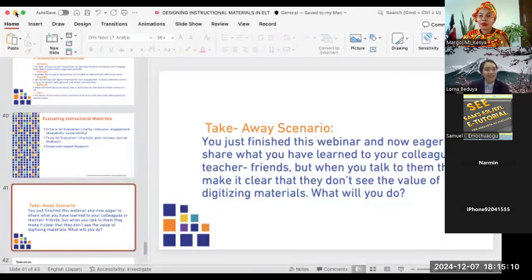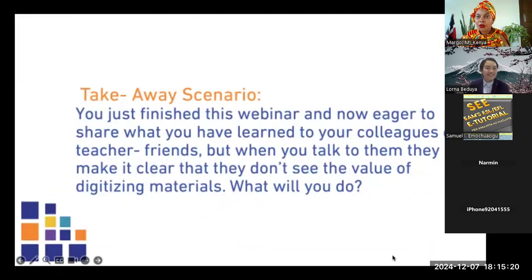I will invite them to my classroom session where I have digitized materials. Then we have Sarah Madiba. I will share with them the advantages of using materials in the learning and teaching process. Then we have Tobias. My students will be the best ambassadors sharing their experience with the digitized materials.